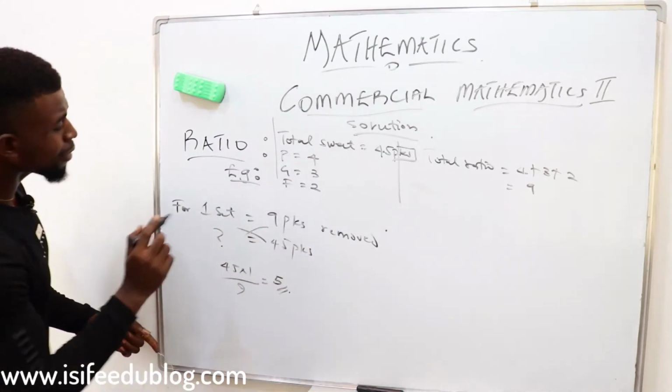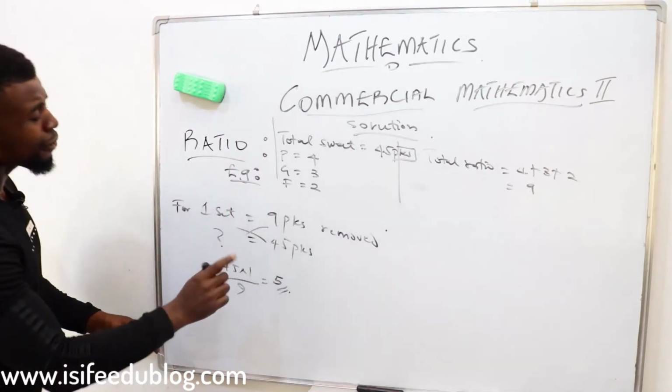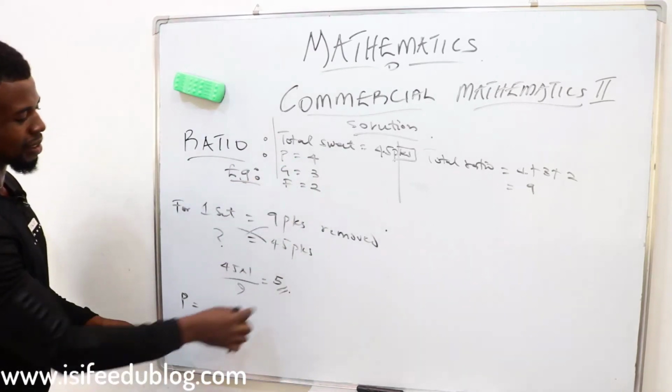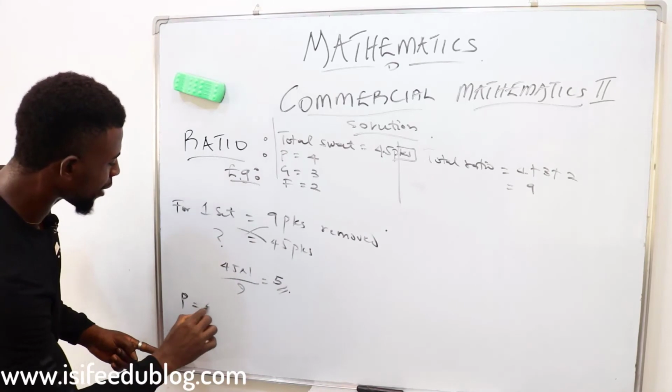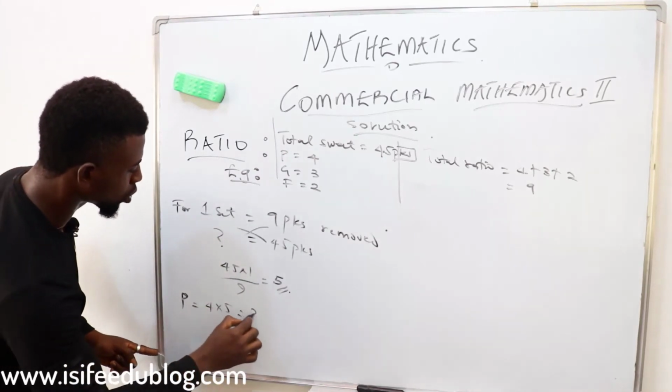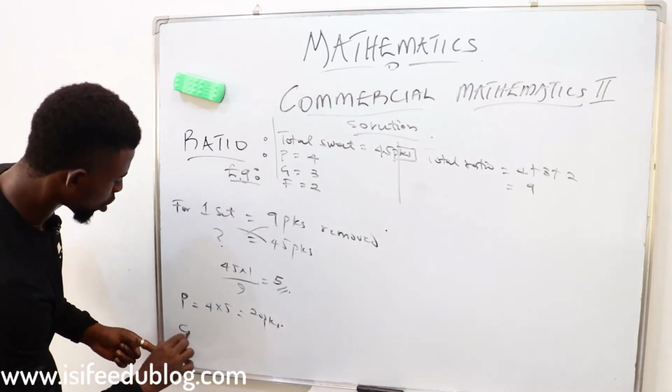So we have that for Phil, if for every set he picks 4 packs, then in 5 sets he should have 4 times 5, which is equal to 20 packs. Okay, now then Joe.